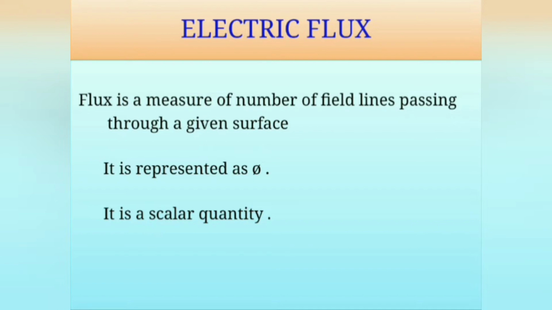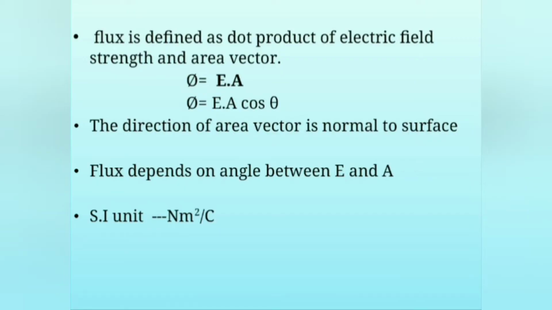In electrostatics, it gives you the number of field lines passing through a given surface, represented by the letter phi, and it is a scalar quantity. Flux is defined as the dot product of electric field and area vector, E dot A, or E into A into cos theta.